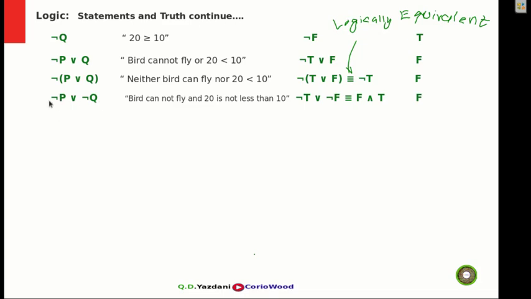The last bit: not P or Q, birds cannot fly makes it not P, and 20 is not less than 10 makes it not Q. So not true or not false is logically equivalent to false and true, which makes it false. The last bit is a little confusing, and the three bars here are called logically equivalent.